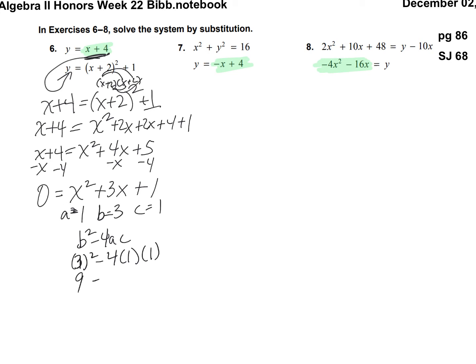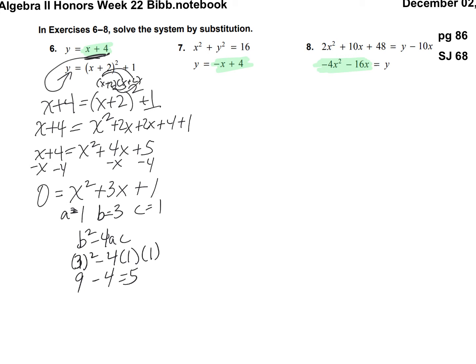So 9 minus 4 is 5. So I am going to have real roots, not complex, because this discriminant value is greater than 0. It's not a perfect square, so I'm going to have 2 irrational roots, and that means I'll have a radical in my answer.